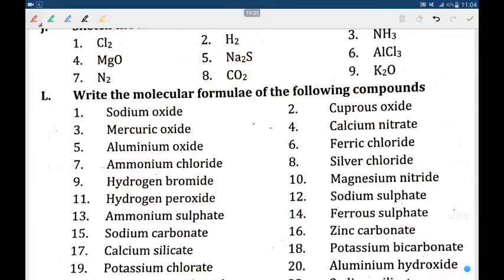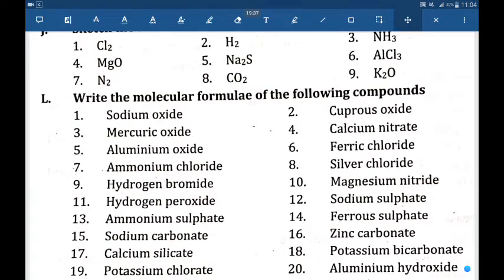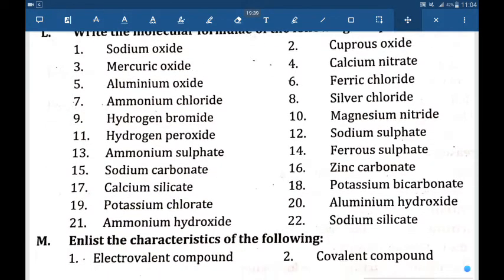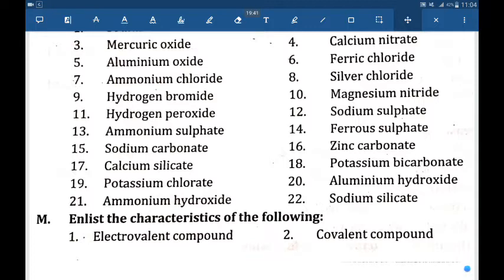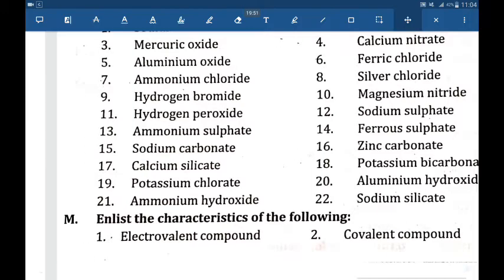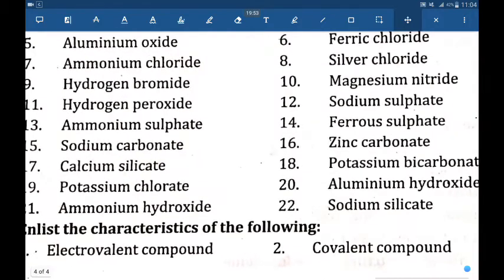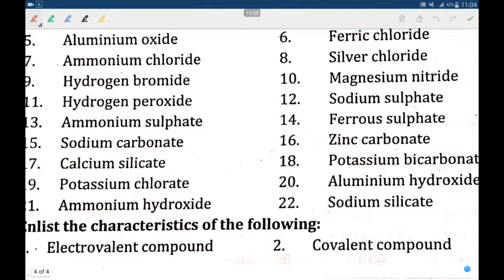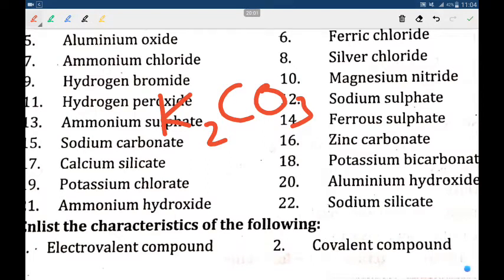Now next one is which one? Ammonium sulfate, sodium sulfate, calcium silicate. Now potassium carbonate, number 18. Number 18 is potassium carbonate. Potassium carbonate is K2CO3. Potassium chloride, KCl, this one.